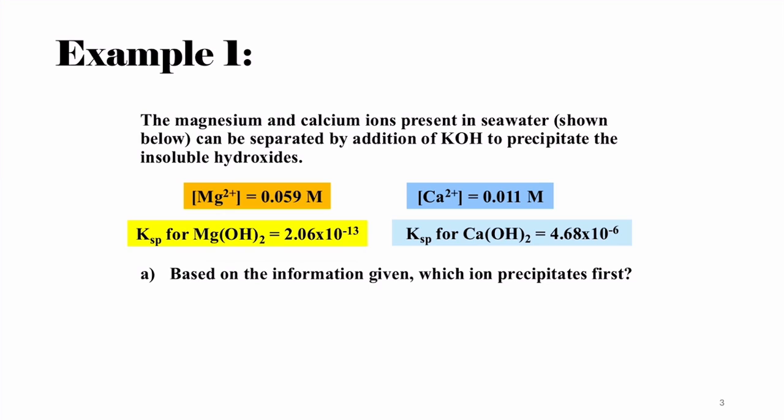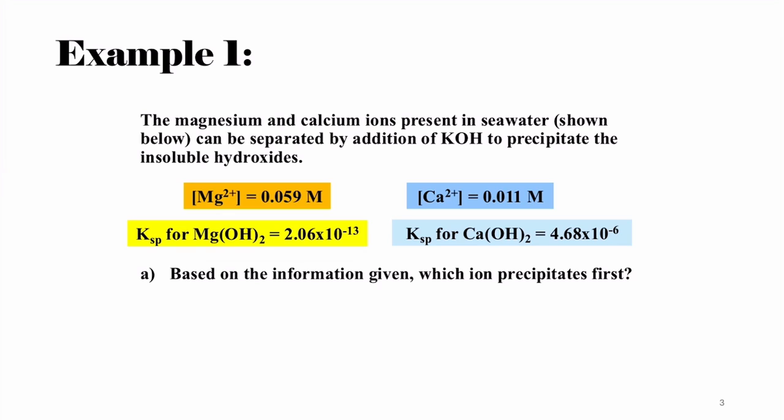The magnesium. Yeah, so what tells you that the magnesium will precipitate first? Because it's much smaller, so it'll take a lot less QSP. Like QSP doesn't have to be as large. Exactly right. It's because the equilibrium constant is very, very small, right? 10 to the minus 13, much smaller than 10 to the minus 6. That means this compound is less soluble than calcium hydroxide.